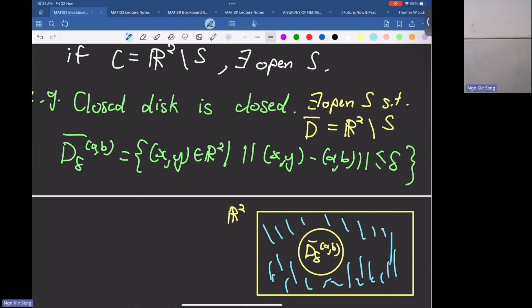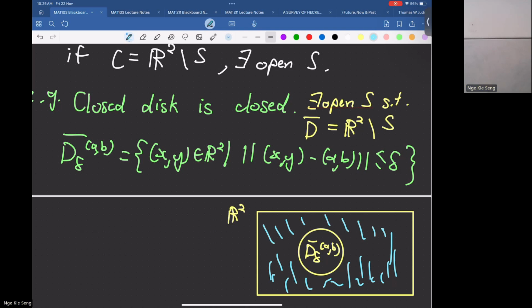Why is it open? To satisfy the open property, if you take any point inside the set, there's an open disk that lives inside this set. Can you imagine that if you take any point inside this shaded area, you can form an open disk that lives entirely inside the shaded area?